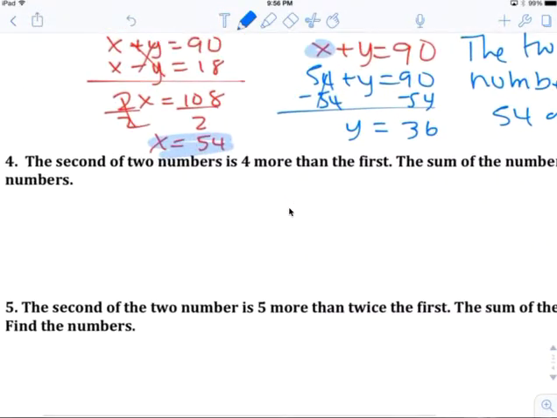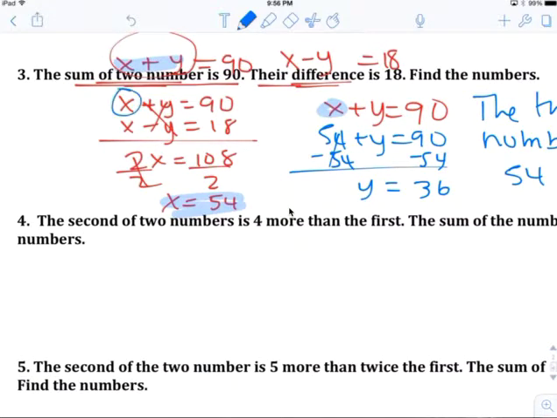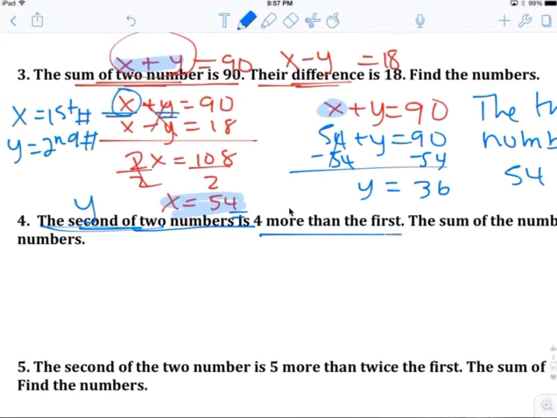Okay, x is the first number, because it's first right here. y is the second number. The second number, letter y, is equal to 4 more than the first number, so you flip: the first number, x, plus 4. So the second number, y equals x plus 4.